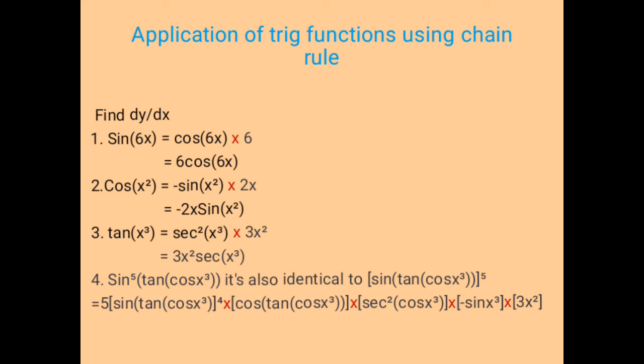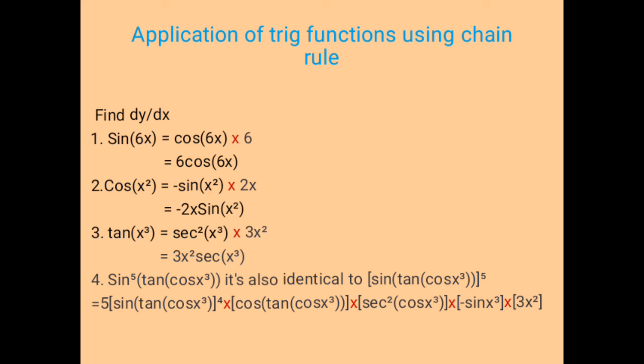The fourth one, we have sine tan cos x cubed all to the fifth, which can also be written in another form to make the solving easier. You can take the 5 on the outermost sine to be the power on each function all through.